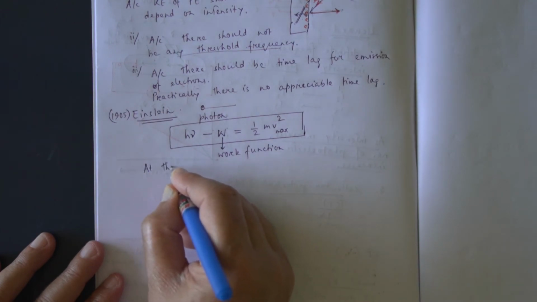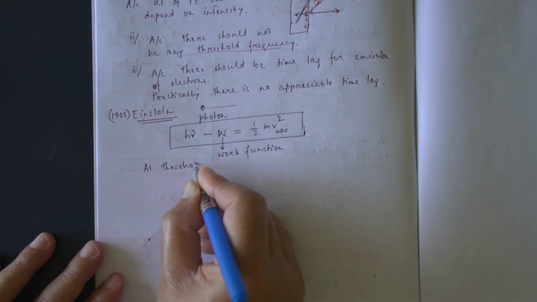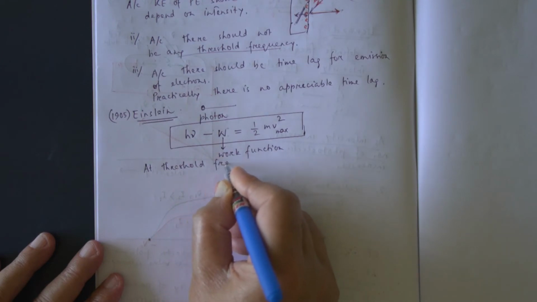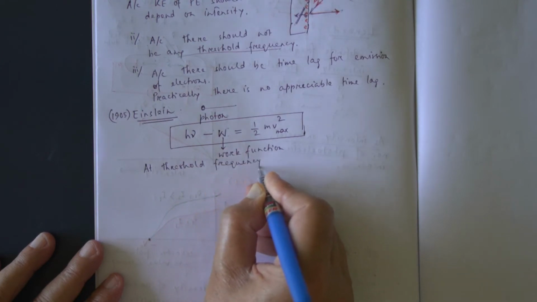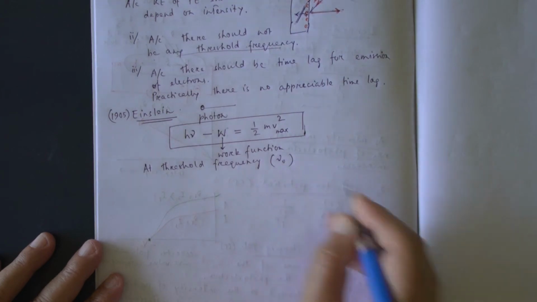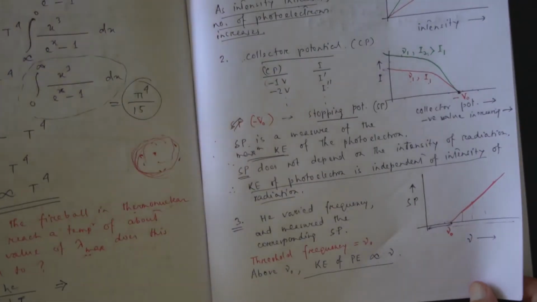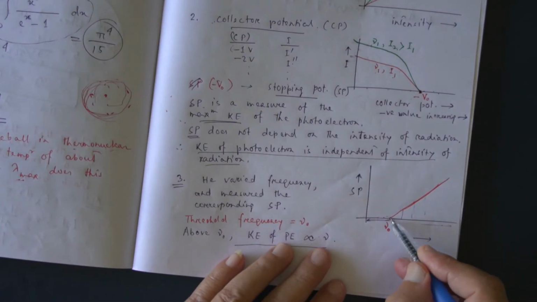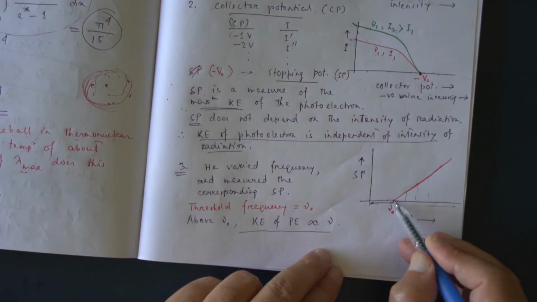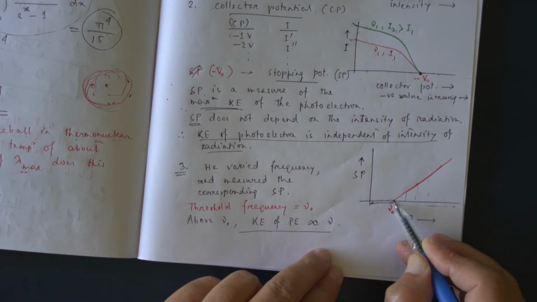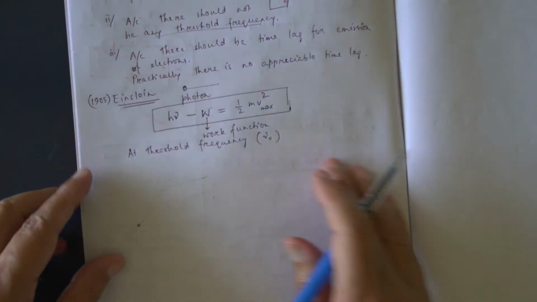At threshold frequency, say nu naught, what happens? The kinetic energy of the photoelectron is 0.